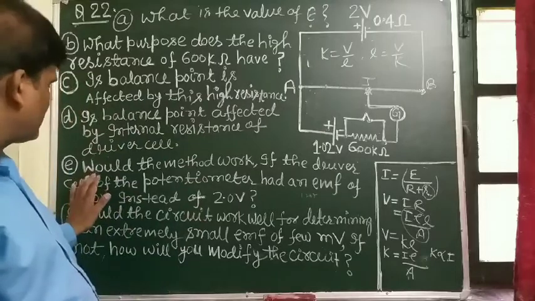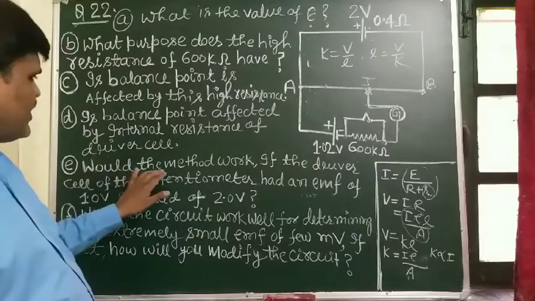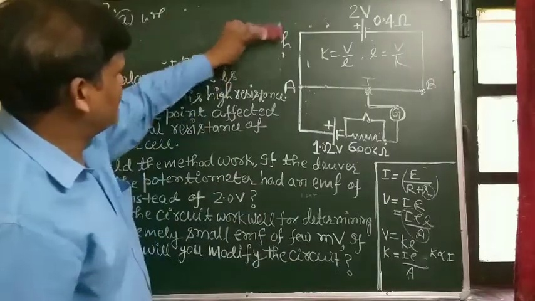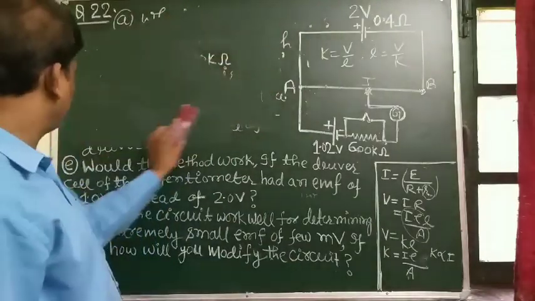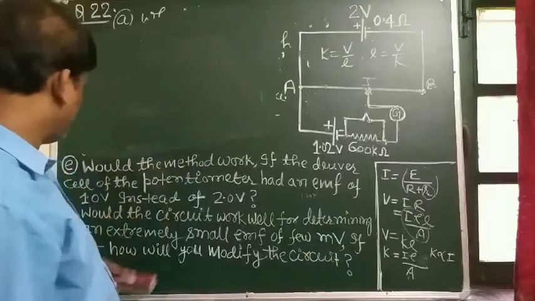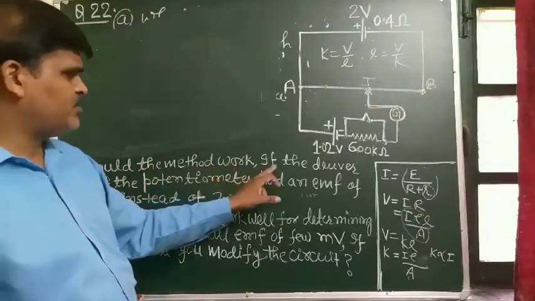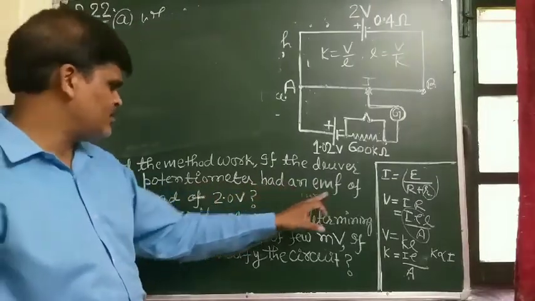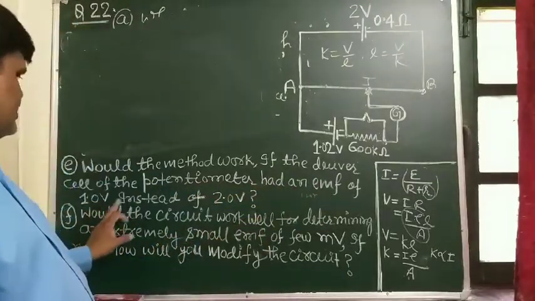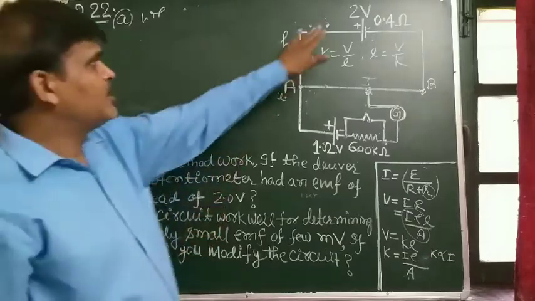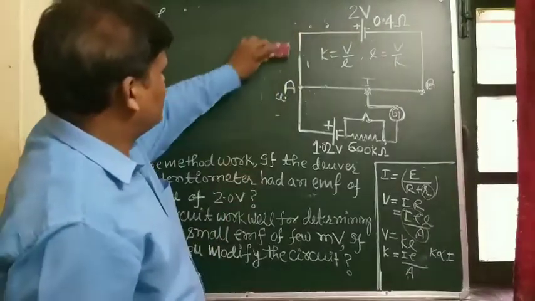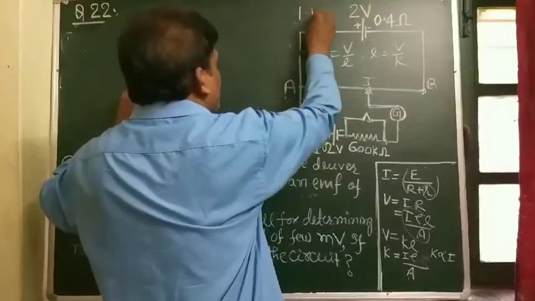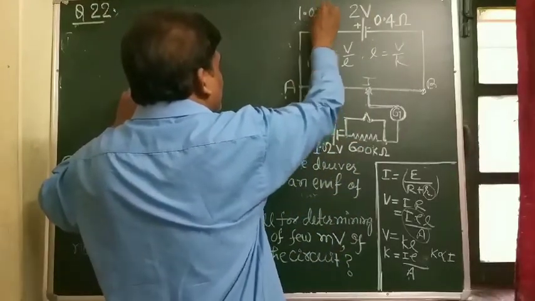Another question: would the method work, next point, would the method work if the driver cell of the potentiometer had an EMF of 1 volt instead of 2 volt? So student, the EMF of the driver cell becomes 1 volt instead of 2 volt.